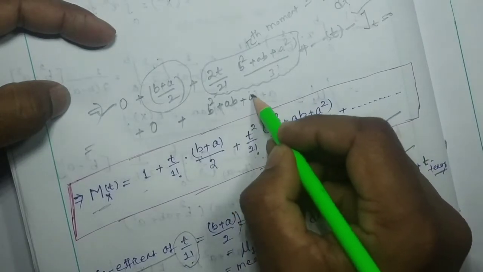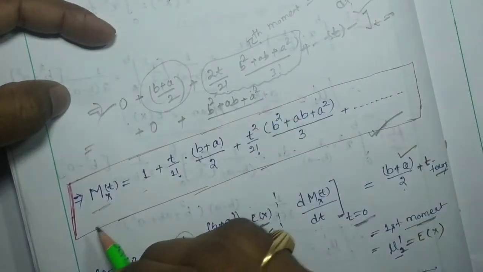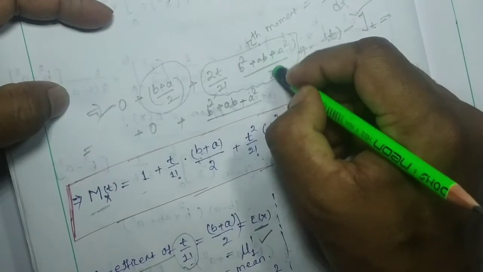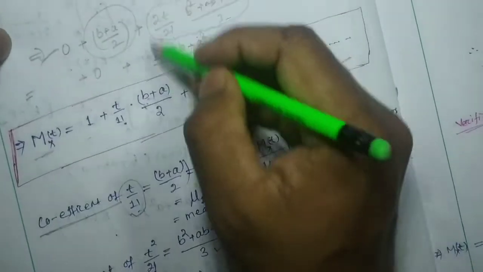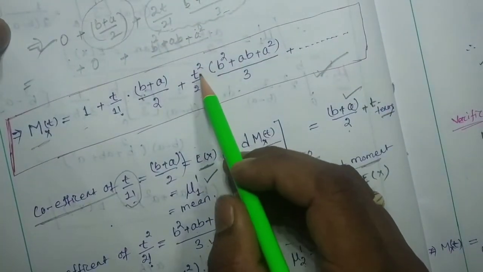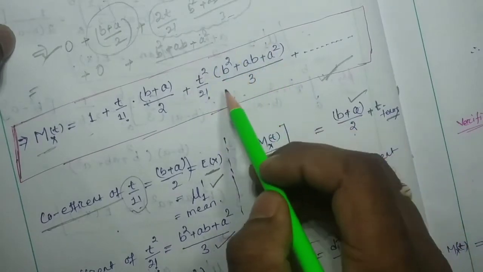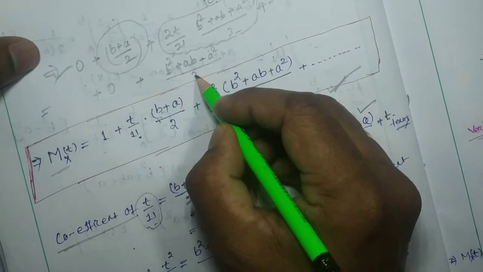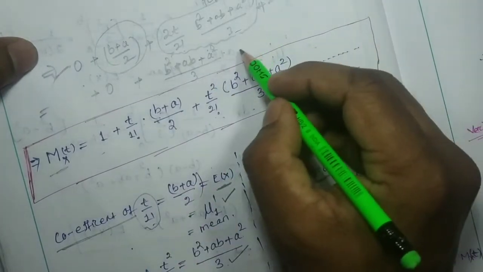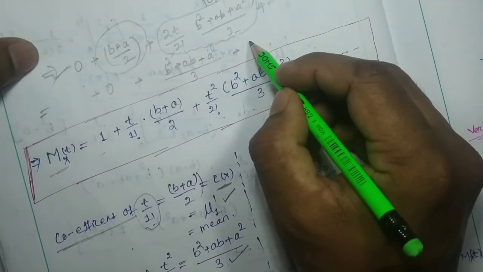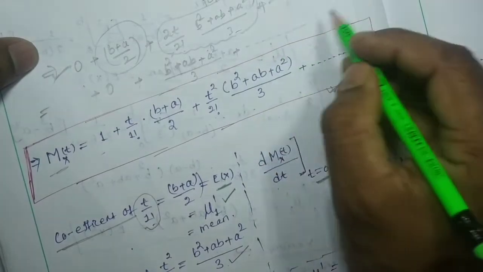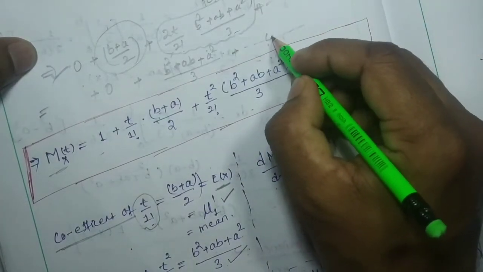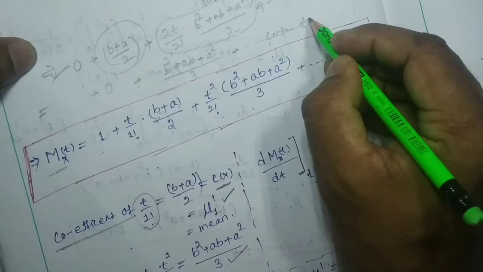plus a square by, not 3 factorial, this is 3, because t cube by 3 factorial, the first derivative means 3t square by 3 factorial, this 3, okay, so 3, right, plus whatever terms we are going to get after that also contain t terms.